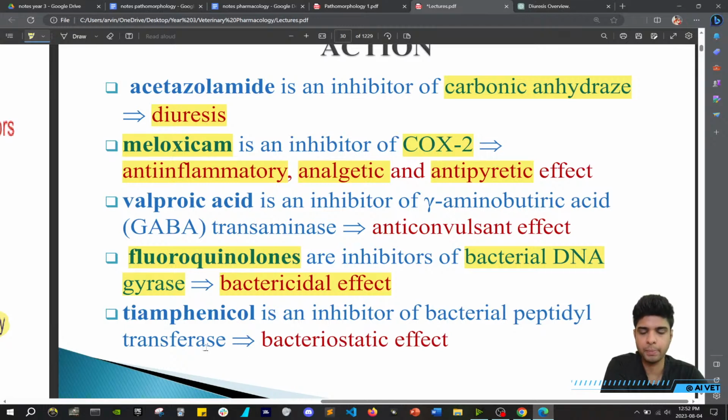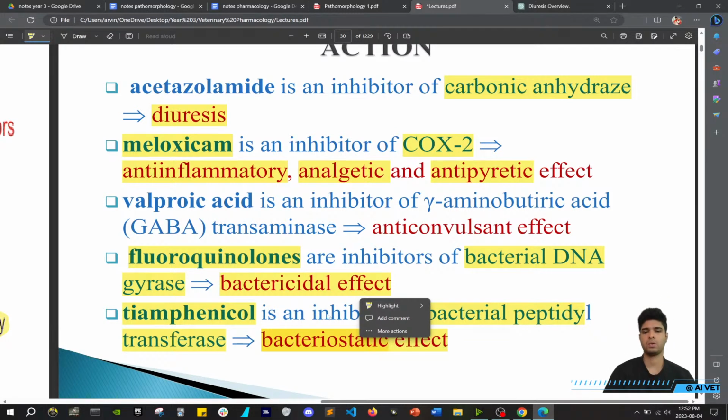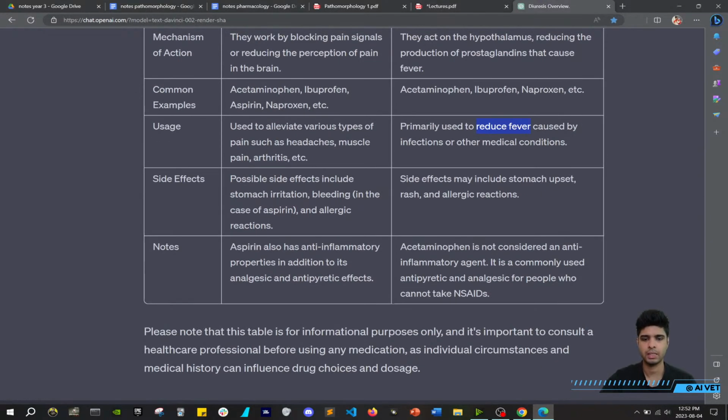Inhibitor of bacterial peptidyl transferase. Thiamphenicol. Bacteriostatic effect. Let me confirm that.